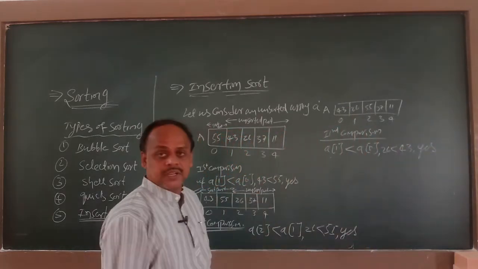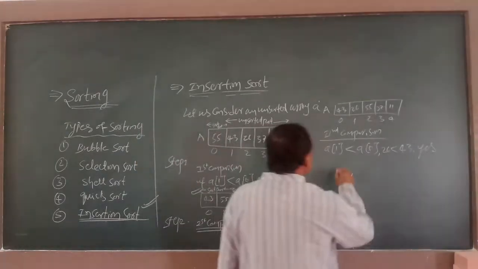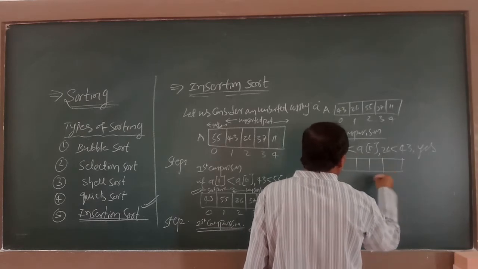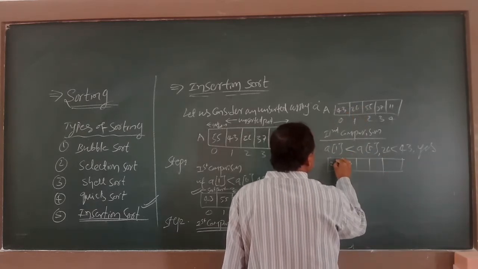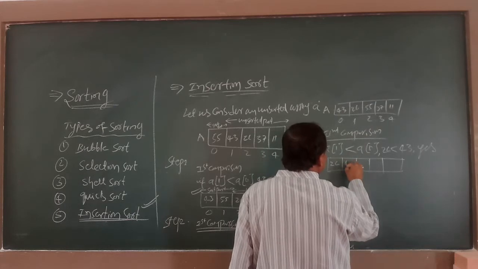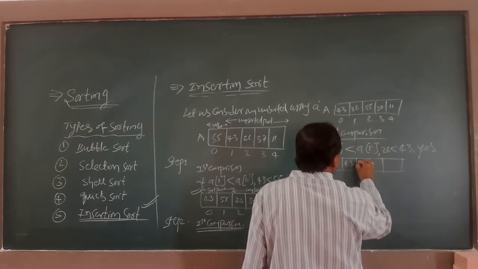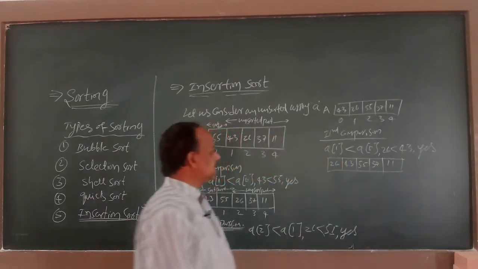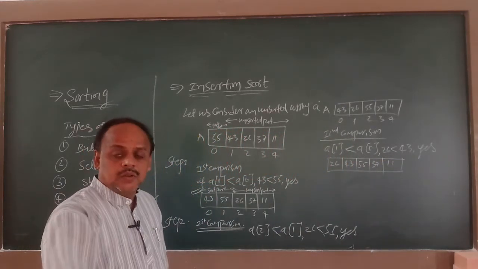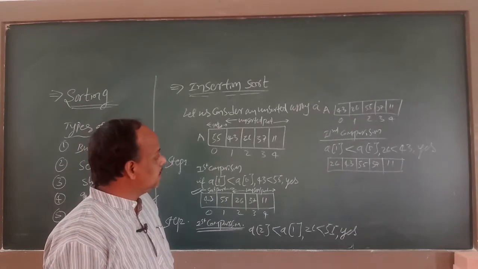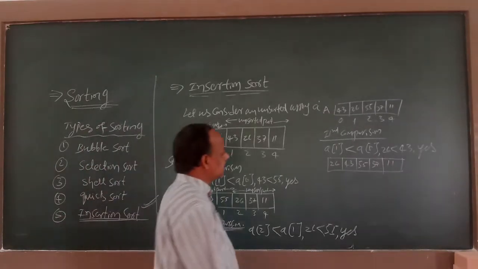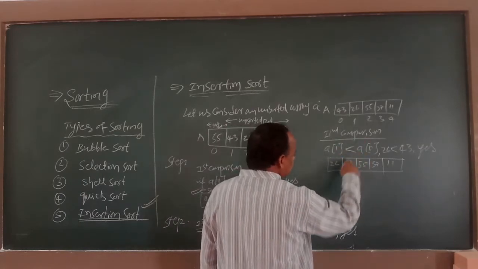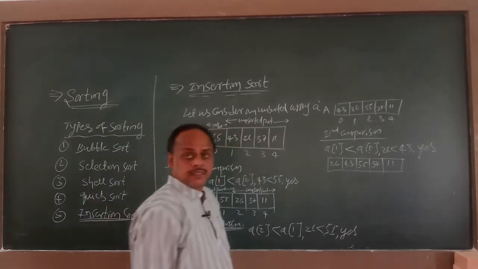Therefore interchange, then 26 comes here, 43 comes here, then 55, 37, 11. Now a third comparison is not there, because the second element is compared with the first element, then it is sorted.